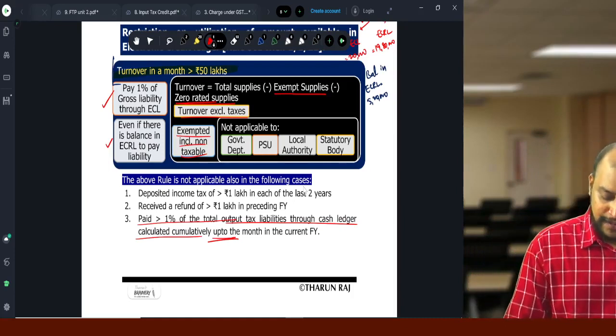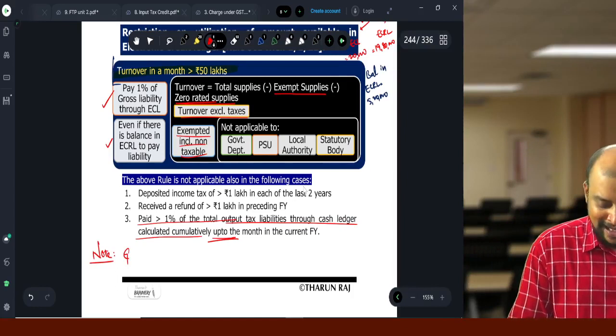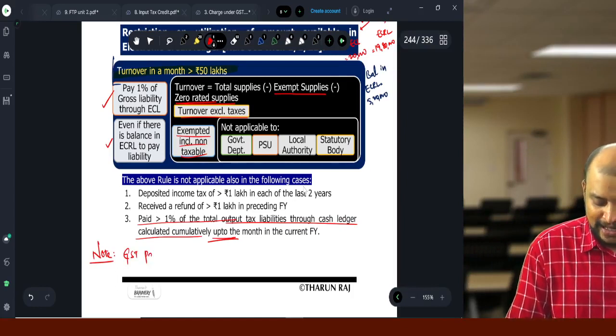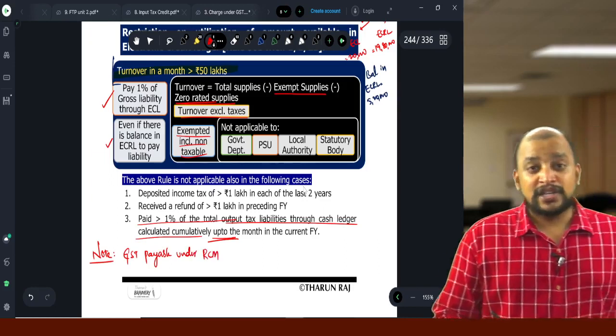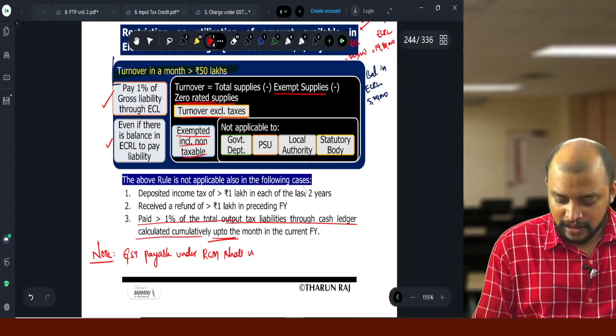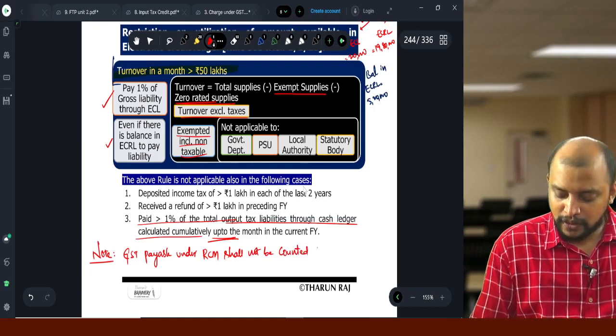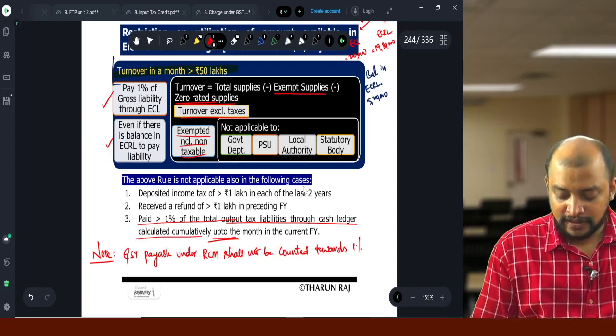Note. GST payable under RCM shall not be counted towards 1%. Why?